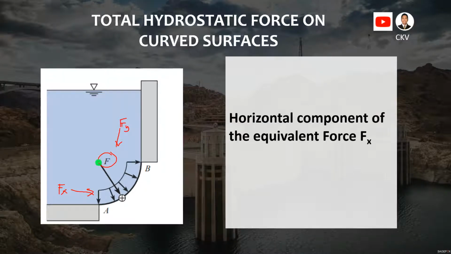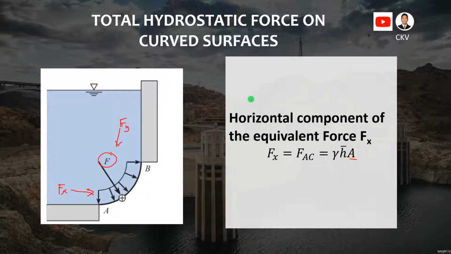Now, to determine the horizontal component of that equivalent force, F of x, we will apply the same solution as the plane surface, where we apply the product of the unit weight of the fluid times h bar times A. Since our force here is horizontal, the area needed to solve this hydrostatic force should be perpendicular to that force.